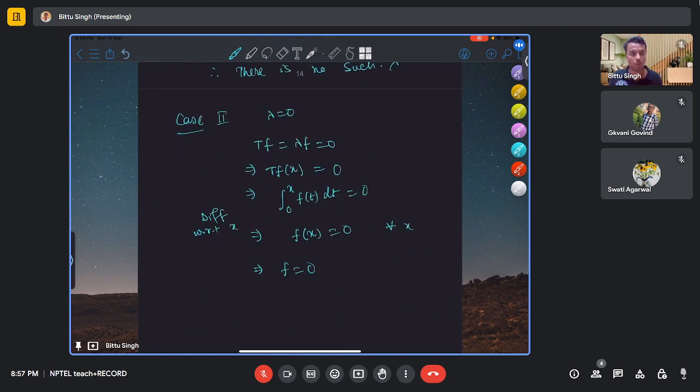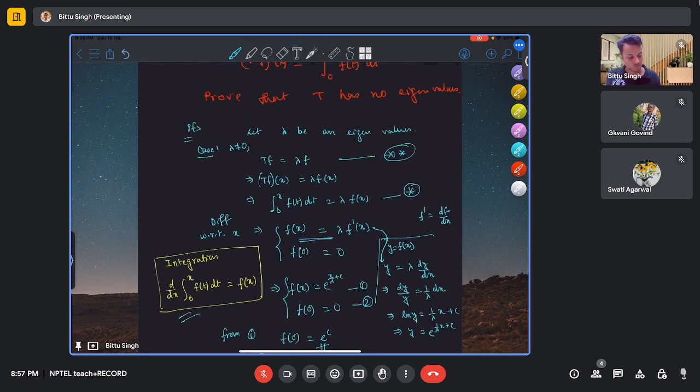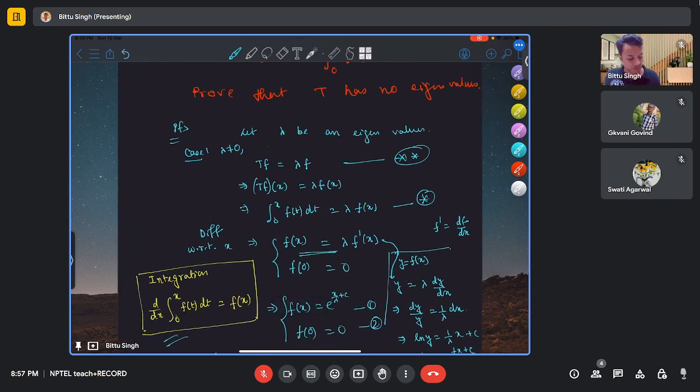But we know that an eigenvalue has an eigenvector. We have assumed f to be an eigenvector, and we are getting that the eigenvector is 0. This is again a contradiction, because this f is already assumed to be non-zero. When we assume lambda to be an eigenvalue, then there exists some non-zero f such that this holds.